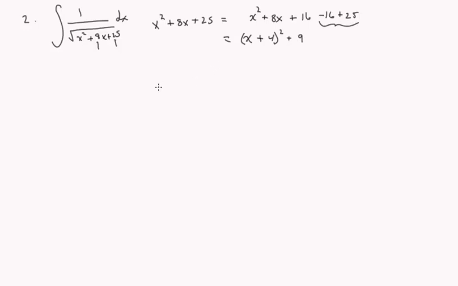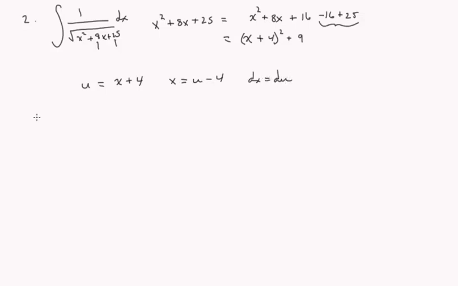Okay, do you know the strategy? I would press pause and try to do this on your own. It's actually fairly easy and fun. U equals x plus 4, excuse me, x equals u minus 4, and dx equals du.